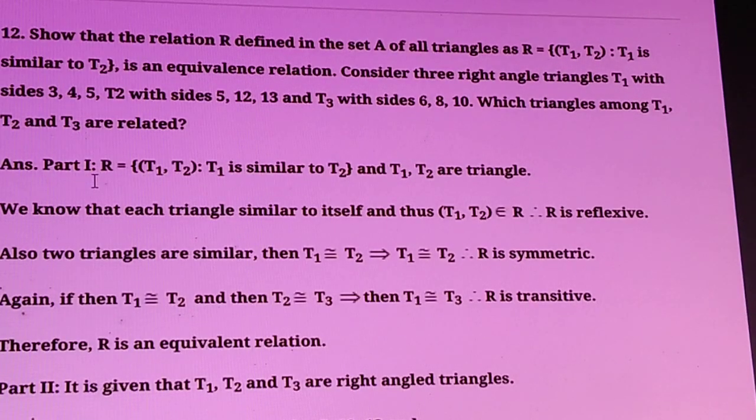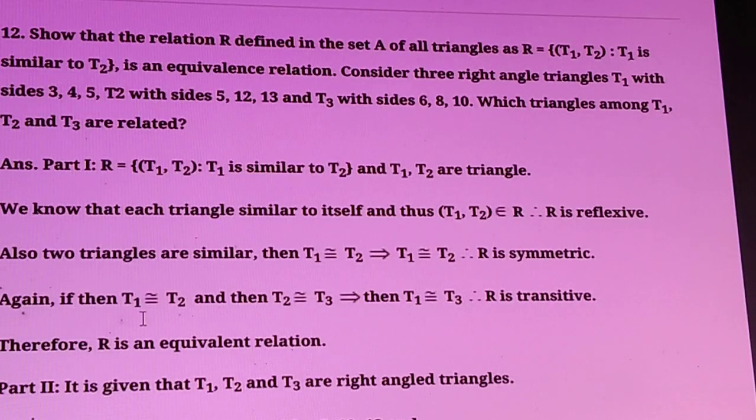First, consider R = {(T1, T2) such that T1 is similar to T2, and T1, T2 are triangles}. We know that each triangle is similar to itself. Thus (T1, T1) belongs to R, so R is reflexive. Also, if two triangles are similar, then T1 similar to T2 implies T2 similar to T1, so R is symmetric.